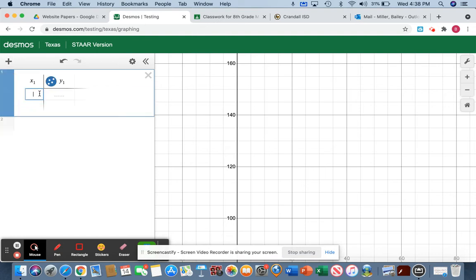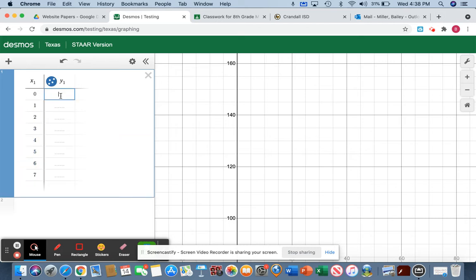I'm going to put in 0 through 7, and type in all of my Y values. 12. Yeah, 6 is 14,000. 1 is 18,010. So a lot to plug in, but not terrible.